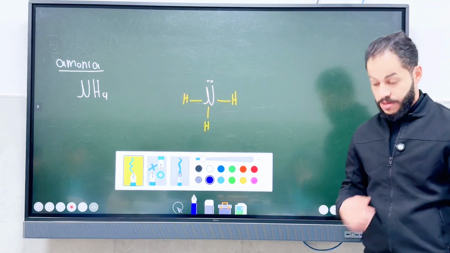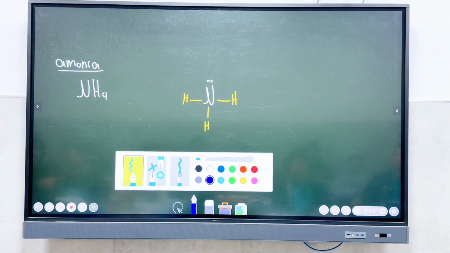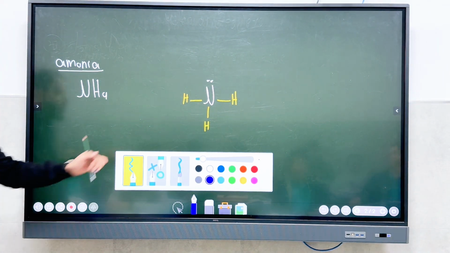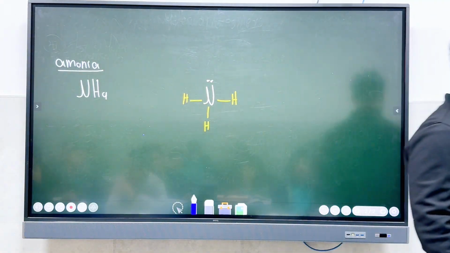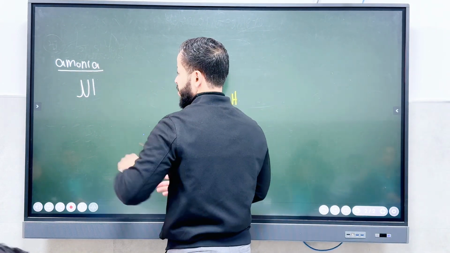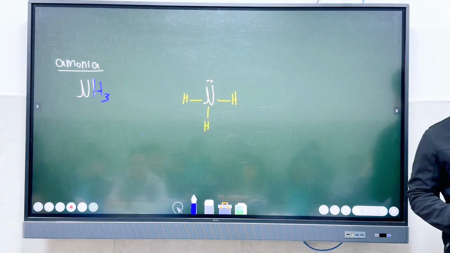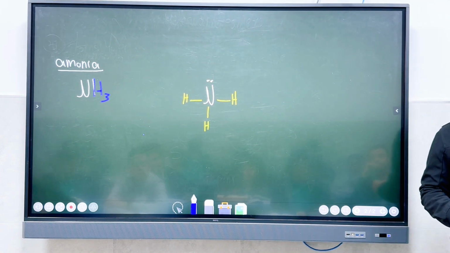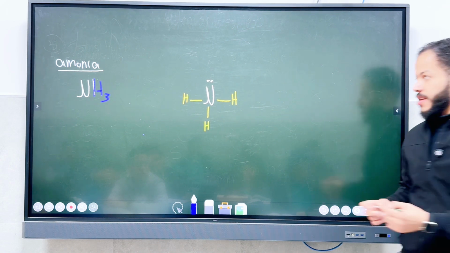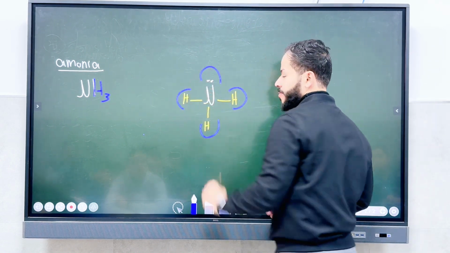How many electron domains? Sorry, NH3, ammonia, not ammonium. NH3. Very good. So how many things are here? 4 things, 4 electron domains.